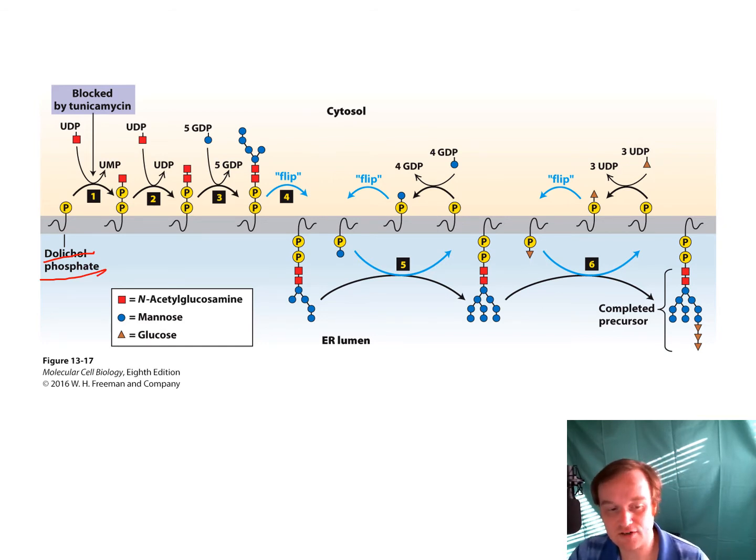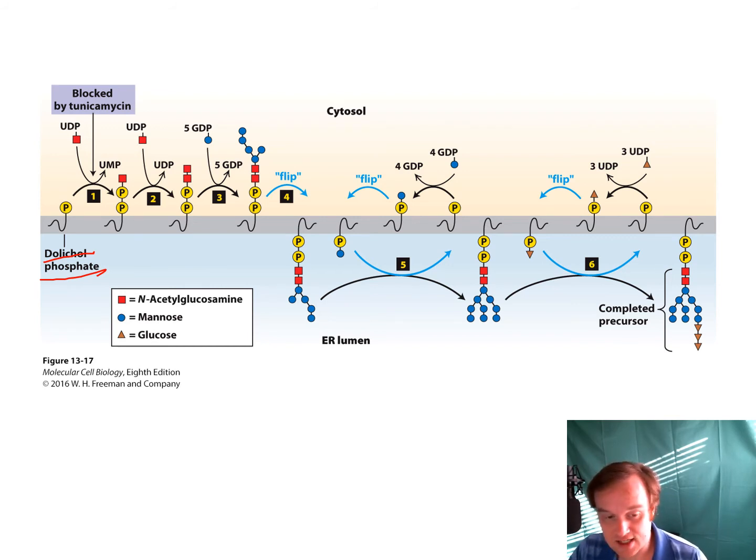The dolichol phosphate is a hydrophobic polyisoprenoid lipid, which contains 75 to 95 carbon atoms. So that's what's in this membrane for our starting point here. The way this mechanism works is, in steps 1 through 3, we have 2 N-acetylglucosamine and 5 mannose residues.